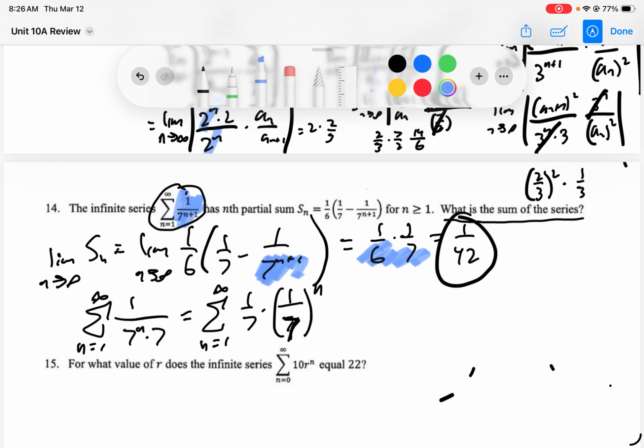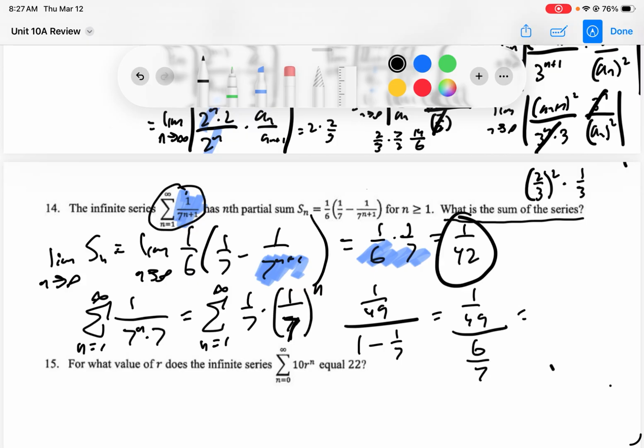I'm going to plug in 1 back here just because it looks better. So plugging in 1 for n, it's 1 over 7 squared, so 1 over 49 is the first term, over 1 minus r, which is 1/7. So 1 over 49 divided by 7/7 minus 1/7 would be 6/7. Happened again. 1 over 49 times 7/6, divide that by 7 because that reduces, so it'd be 1 over 7 times 6, which is 1 over 42, same thing.